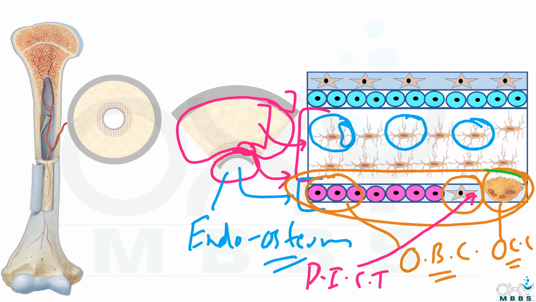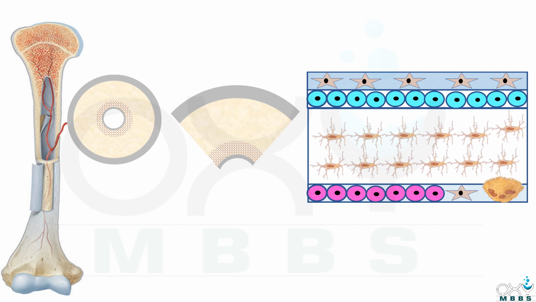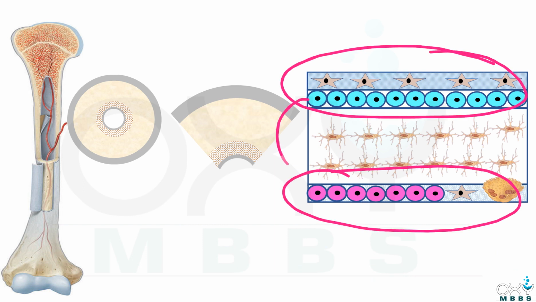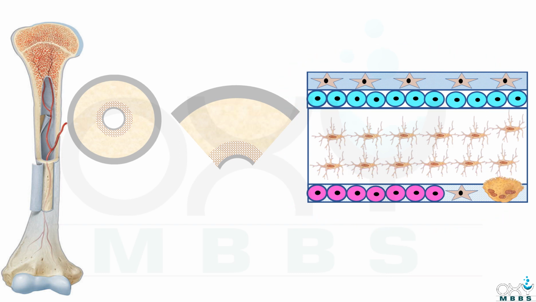This endosteum layer also contains osteoprogenitor cells. So the endosteum and periosteum are more similar to each other. Now let's talk about these osteoblast cells and osteoclast cells in detail.